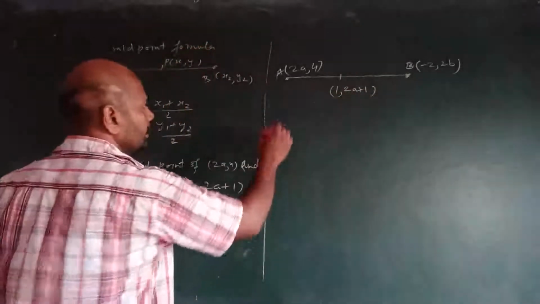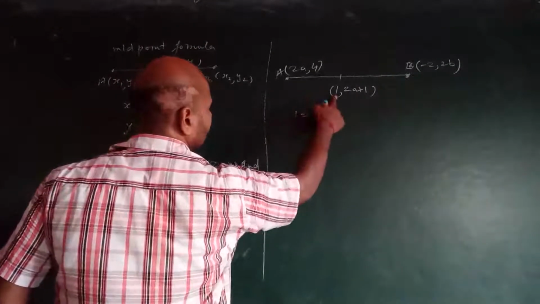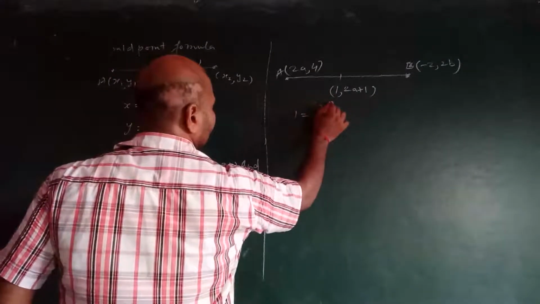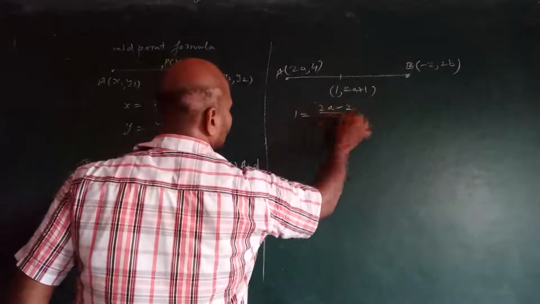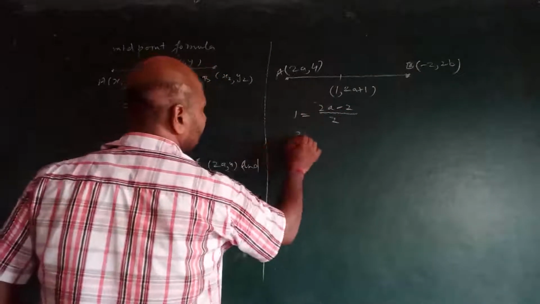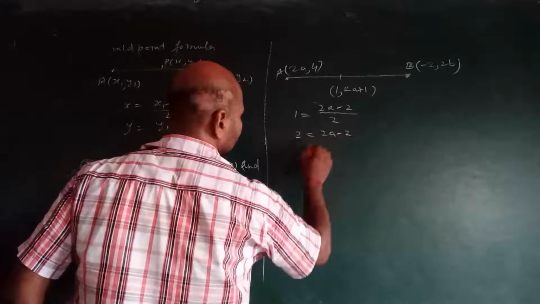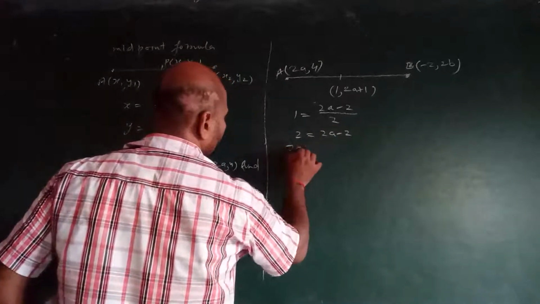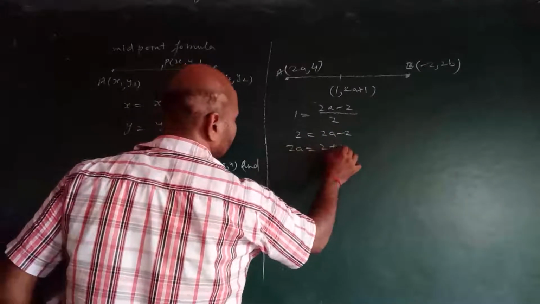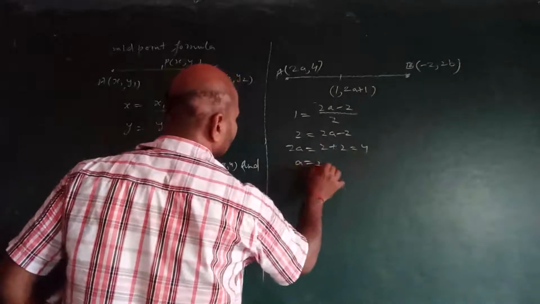If it is the midpoint, then 1 equals the x part, x1 plus x2 upon 2. These two can be multiplied here, that is 2a minus 2. And 2a equals, we move the 2, 2 plus 2 equals 4, and a equals 2.